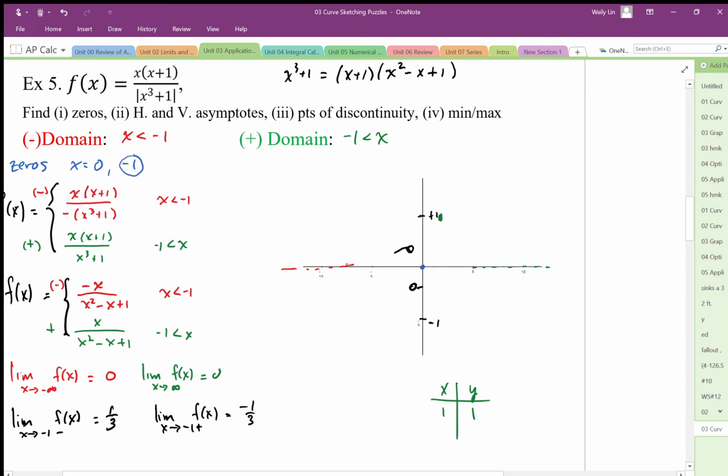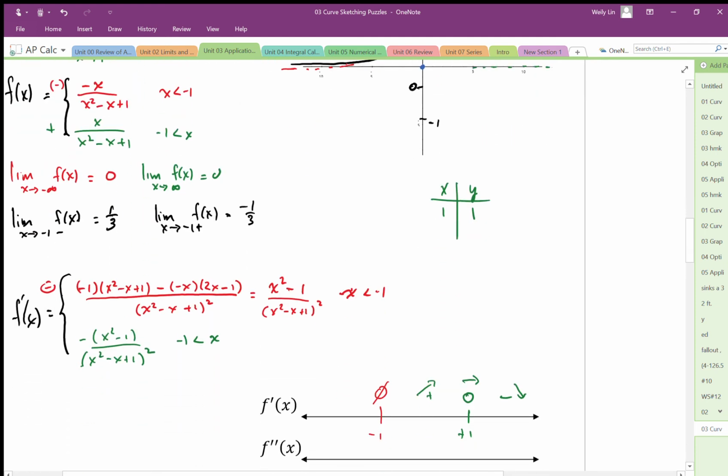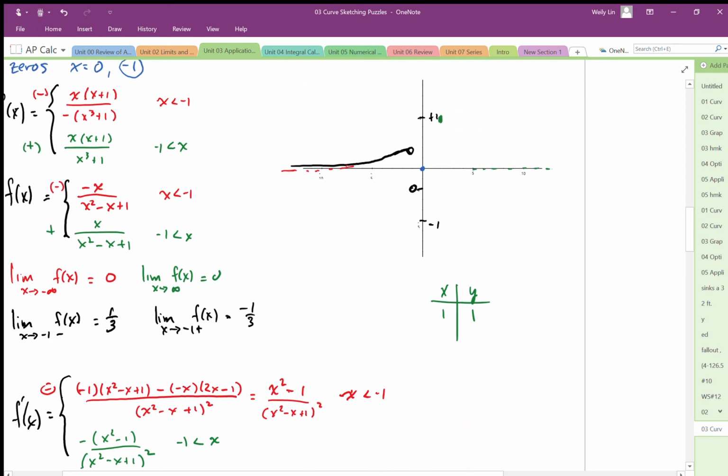So my graph is going to look like this. It's going to have a horizontal asymptote at 0. It's going to come up to that point. I don't know if I tested the slope, but I should test the slope on that side. If I plug in negative 2 into here, I'm going to get a positive slope going into here. So there's my positive slope.